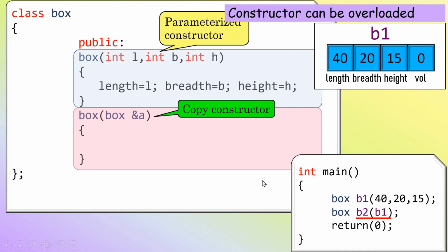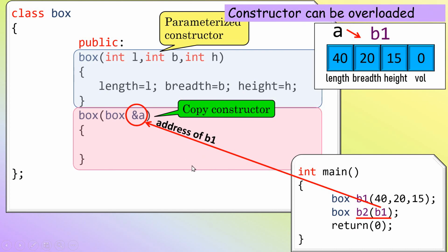This object B1 is passed to the copy constructor. That is, B1 is passed to object A. Since this object A is a reference object, the address of object B1 is passed to object A. This method of passing parameters is called the call by reference method.